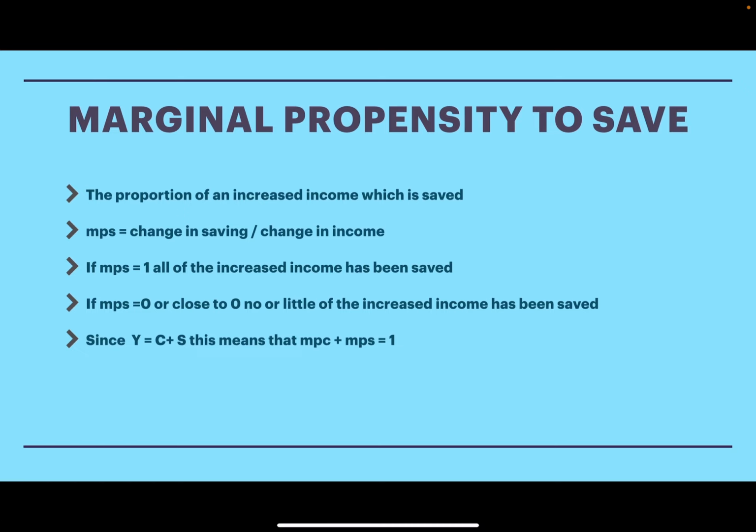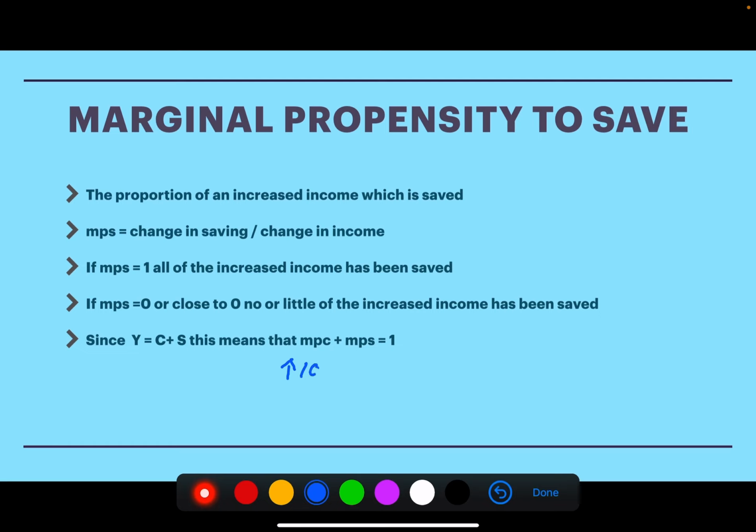So if income increases by £100 and that leads to an increase in consumption of 70 and an increase in saving of 30, then marginal propensity to consume is going to be 70 over 100.